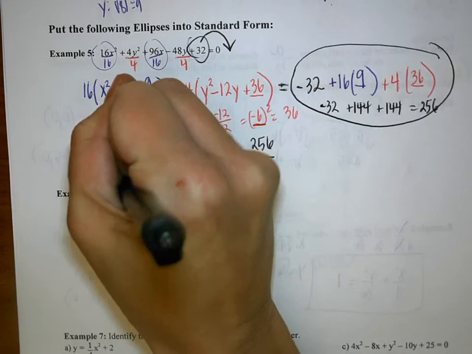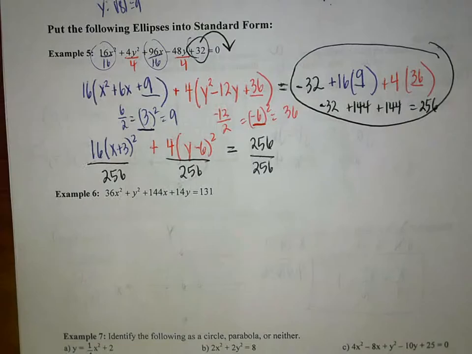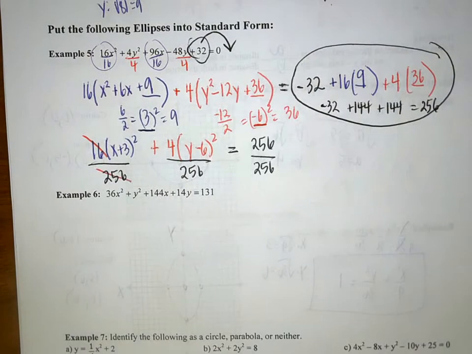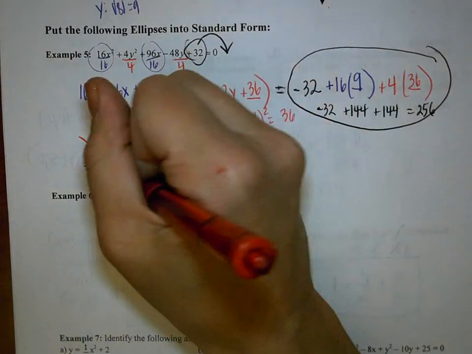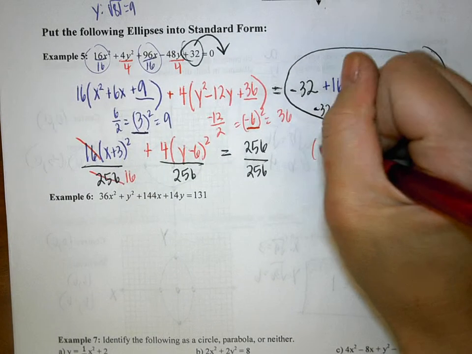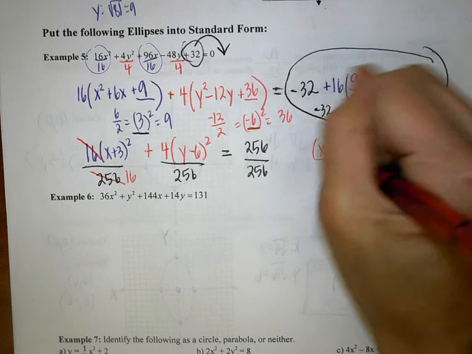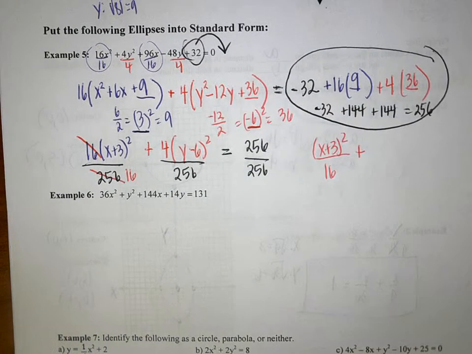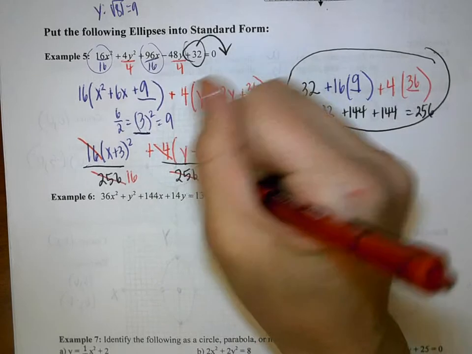When I end up doing that, 16 cancels. 16 goes into 256 16 times. So we get x plus 3 squared over 16 plus, here 4 goes into 256 64 times.